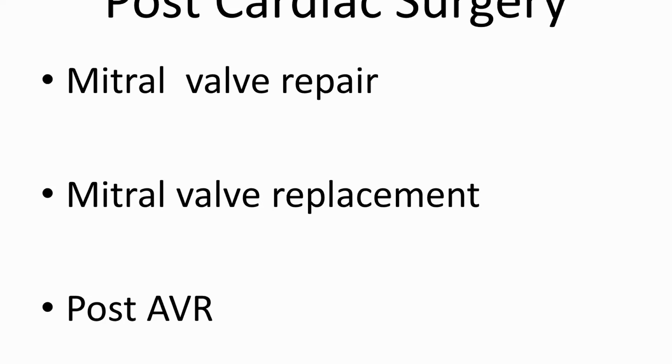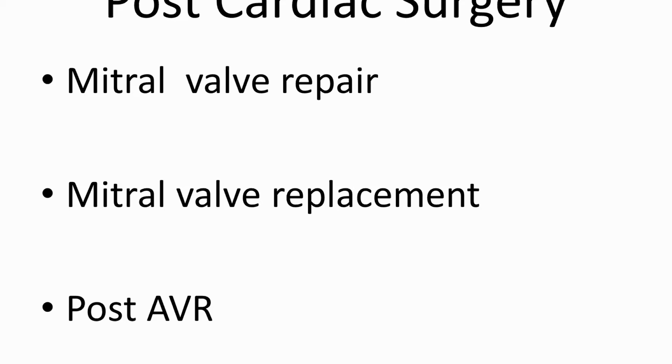So for those of you who do a lot of cardiac surgery, as I said before, it's not common now to find SAM in the ICU before it's picked up in the operating room. But it's commonly seen after mitral valve repair, sometimes after mitral valve replacement, and sometimes after aortic valve replacement.